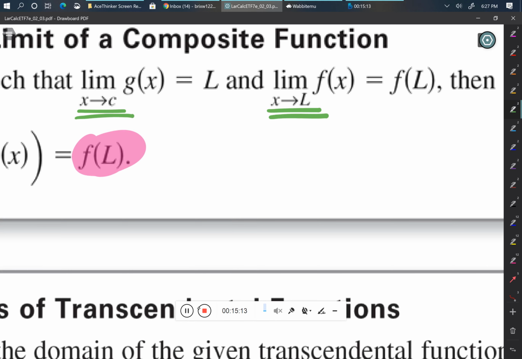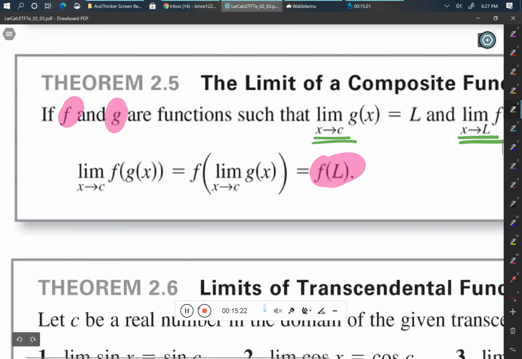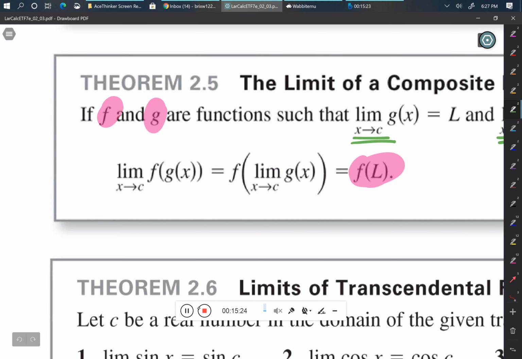They're not the same. In all the other ones that had two things in there, the addition, the multiplication, the division, it was always at the same value c. This one's different. Why? Because it's composition. The c is going to go into the g, and then what's going to come out of the g function? Coming out of that is going to be L, and then L needs to go into f.